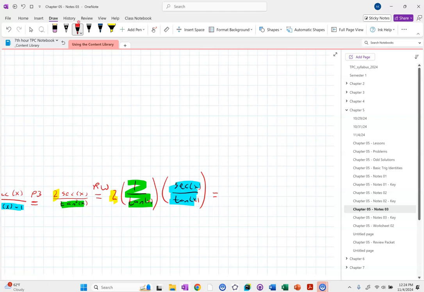If I look at the identities that concern secant or tangent, do any of those also contain a cosecant? Q1. Yes. So Q1 will allow me to write tangent as secant over cosecant.